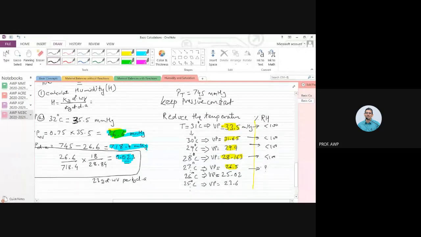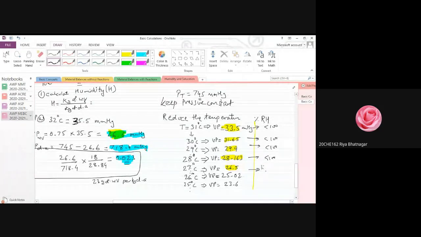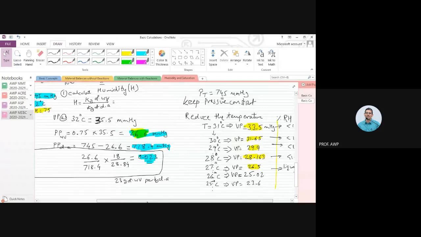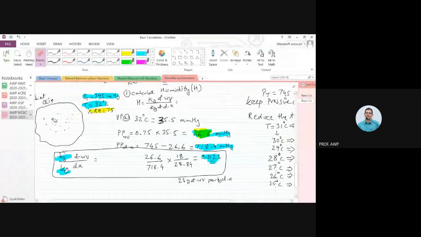Isn't it? That means air will become more than saturated. So then liquid water will form. Some of the water vapor will be converted into liquid water.